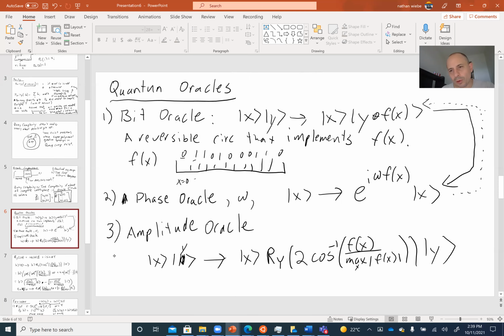And so a good rule of thumb when you're building your own quantum algorithms is to use as simple an oracle as you possibly can. In particular, if a phase oracle will allow you to solve your particular problem, it's usually best to postulate that your quantum algorithm uses a phase oracle, because we can always simulate a query to a phase oracle using a bit oracle.